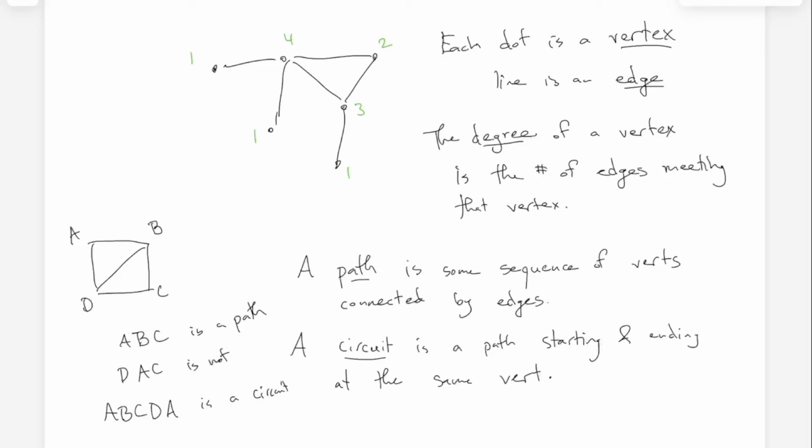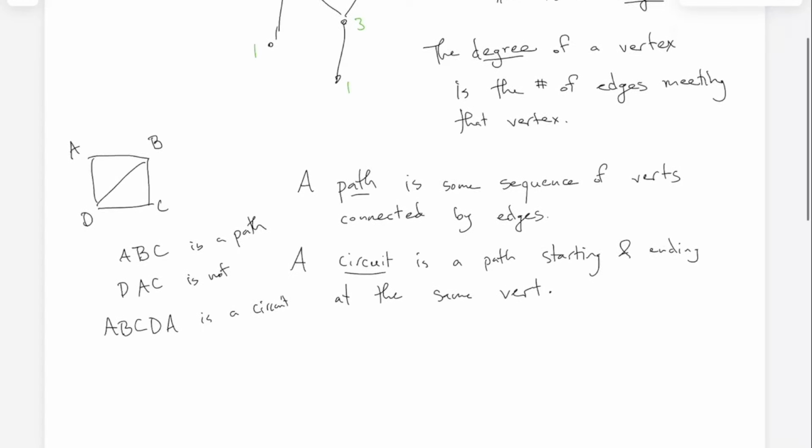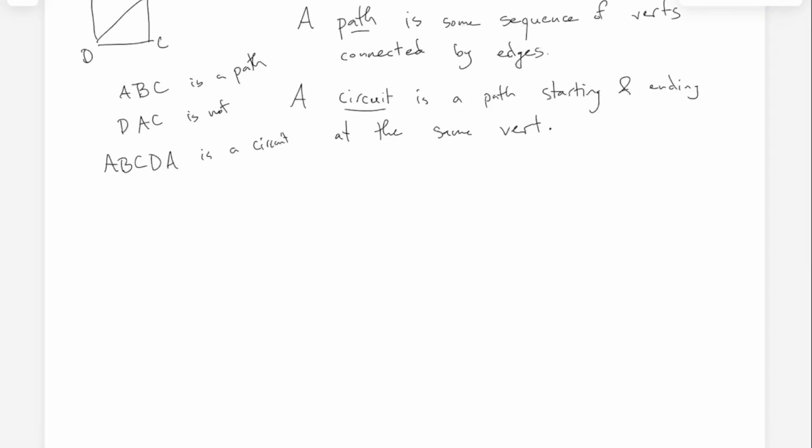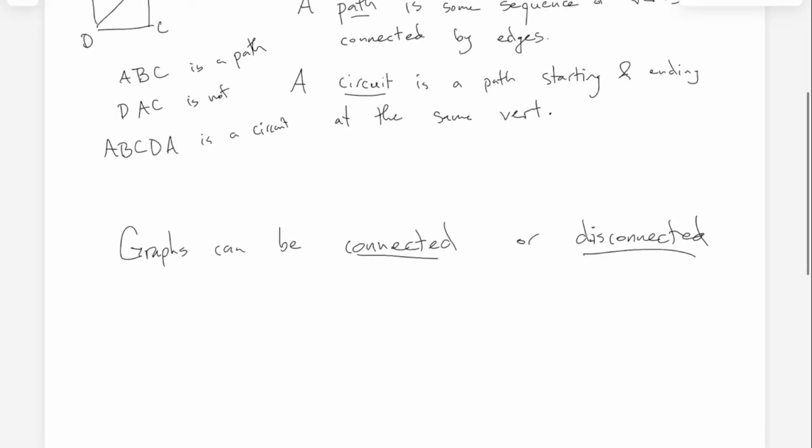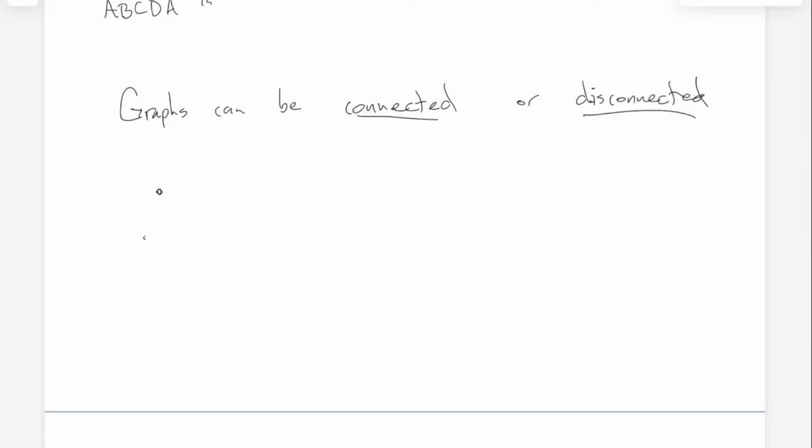There's one more basic concept, which is a very ordinary concept, but actually it's kind of difficult to write down what the definition is, but I will say what the idea is first. Graphs can be connected or disconnected. These are opposites. Every graph is either connected or disconnected.